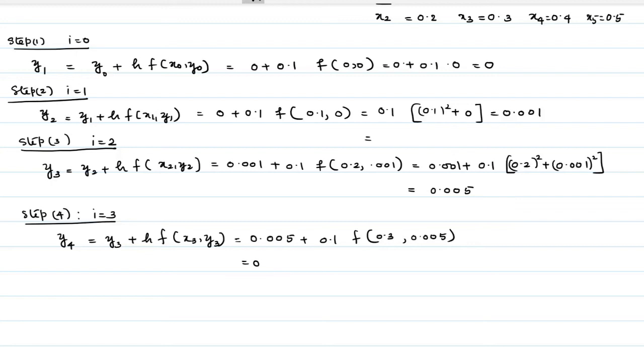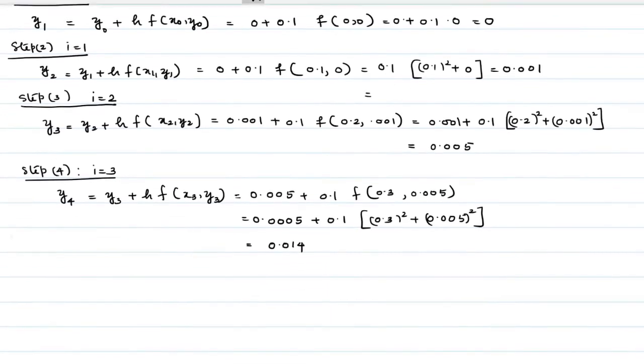When substituting, we get 0.005 plus 0.1 into 0.3 square plus 0.005 square. And simplifying this, you will get 0.014.